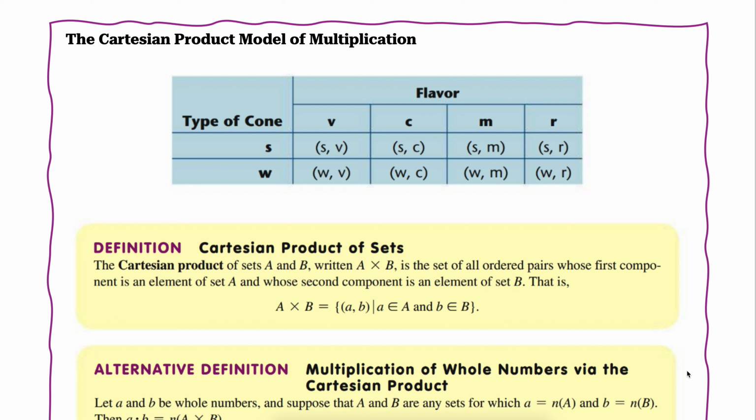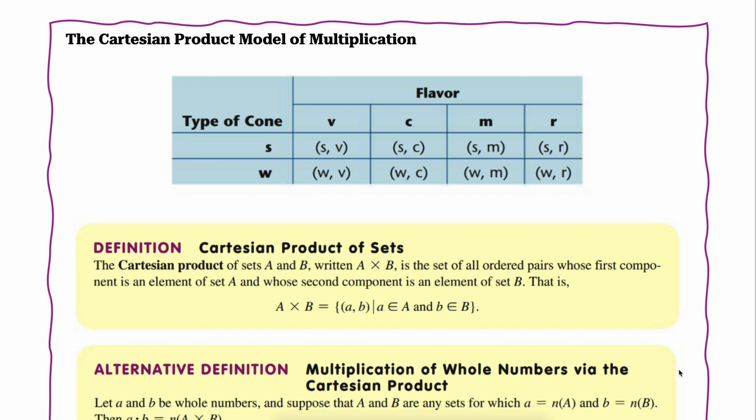So you could have a sugar cone with vanilla ice cream, or a sugar cone with chocolate ice cream, and so on. And you can see you have 8 possibilities. Now here we have the variables representing the different types of cones and the flavors. If you're using this with kids, you might want to actually write out the full words so it's not quite as abstract for them. But this is called the Cartesian product model.